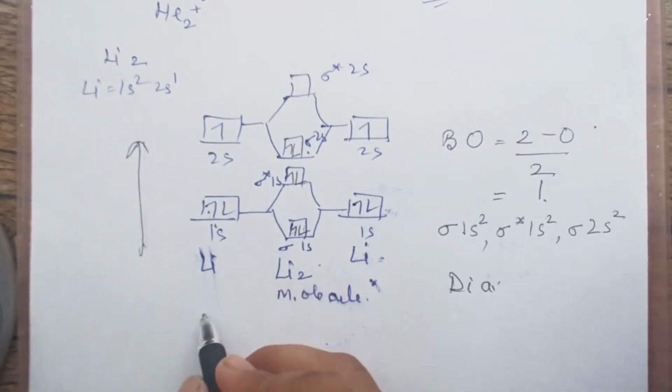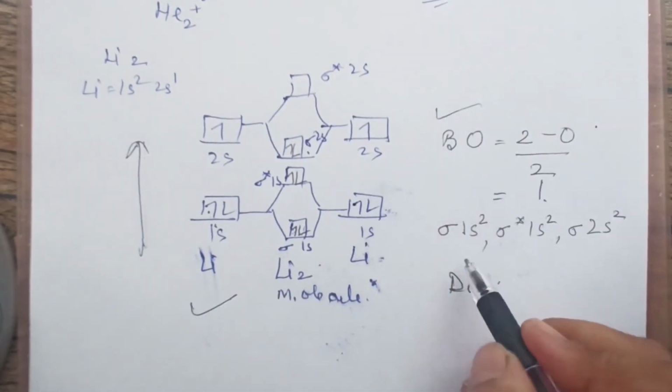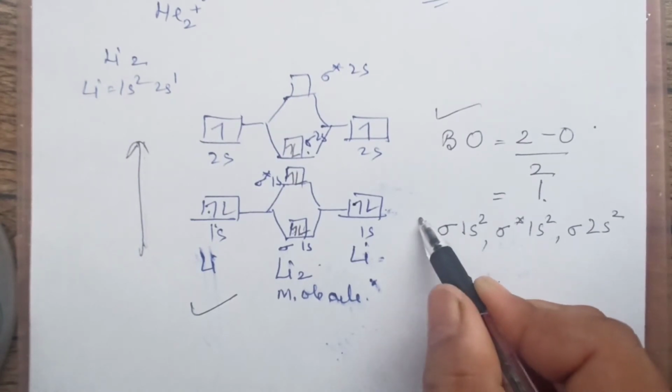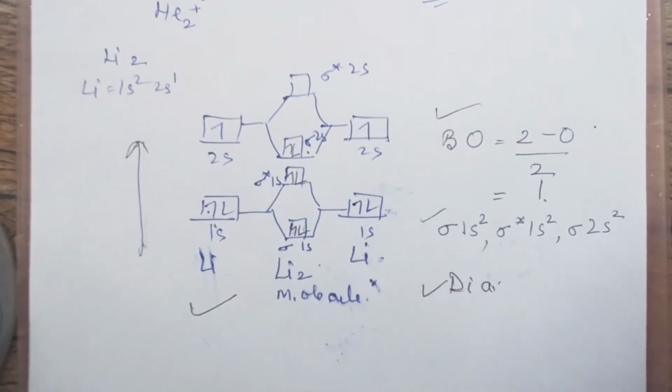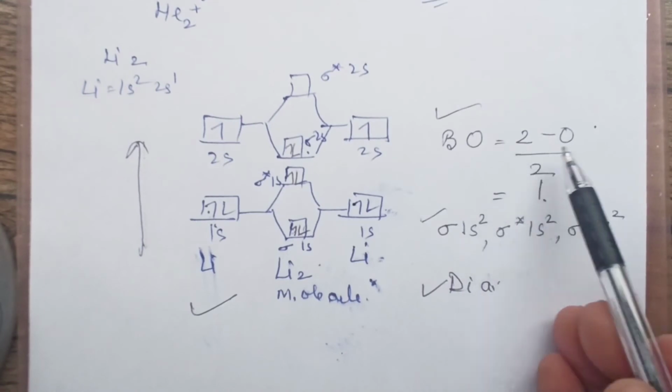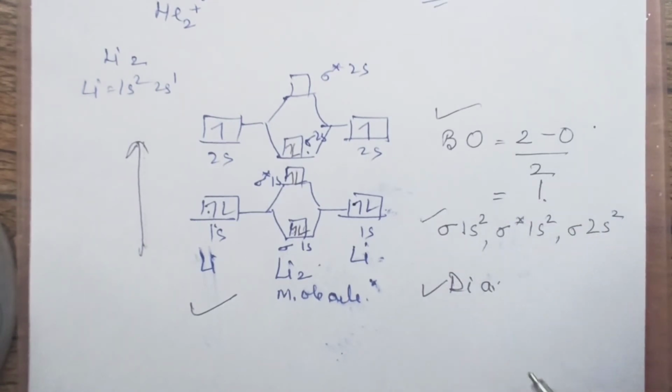So we have drawn the diagram, we have calculated bond order, we have written the configuration, and we have determined whether it is para or diamagnetic. Is it clear? So this particular theory can talk about bond order, it can talk about stability, it can talk about the magnetic behavior. Please note the formula: bond order is the number of bonding electrons minus anti-bonding electrons.